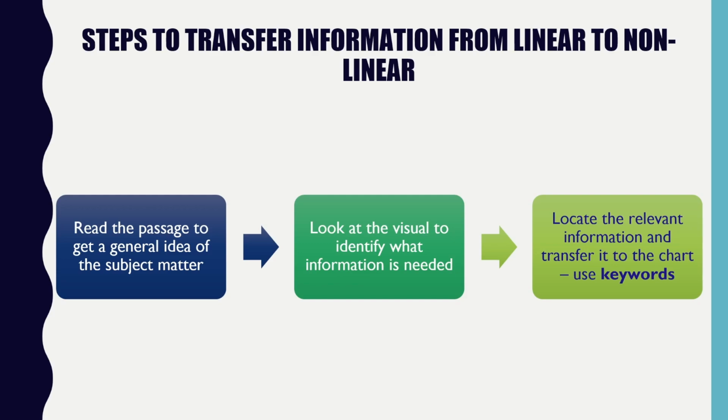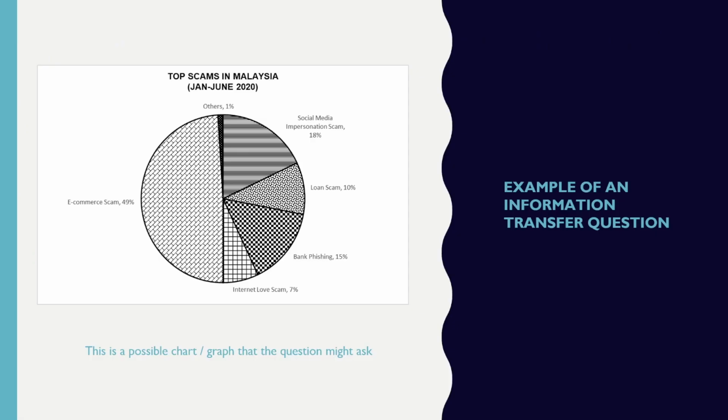So let's look at an example of how you transfer non-linear into linear. Okay, so a higher possibility you will get is questions like this. Okay, this is a pie chart. So for this pie chart, you can look at it, see what are the details that are in the pie chart.